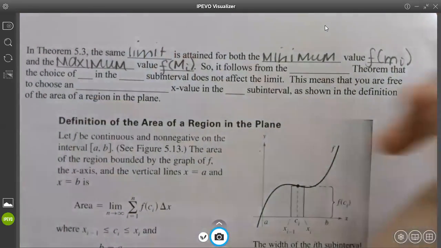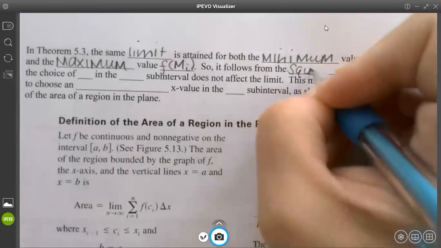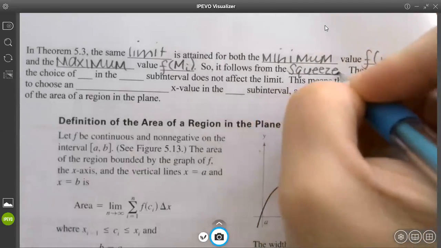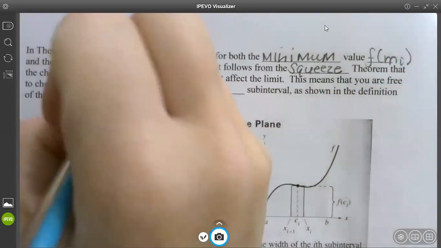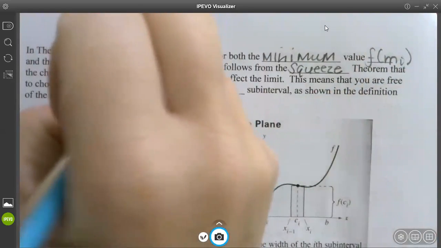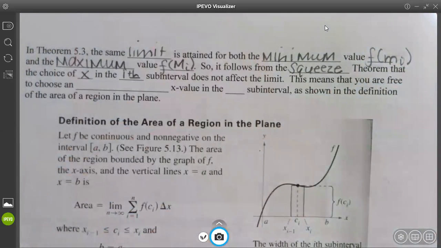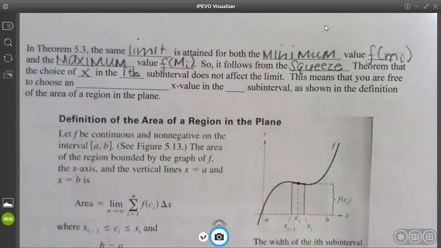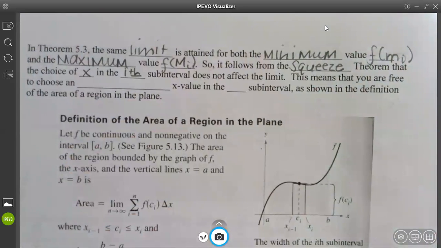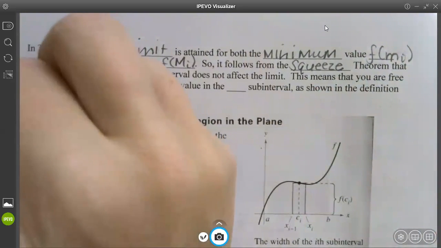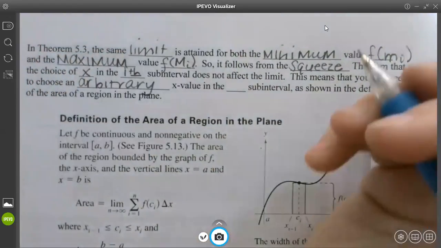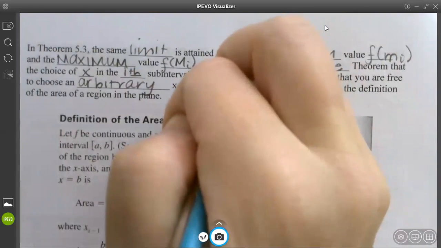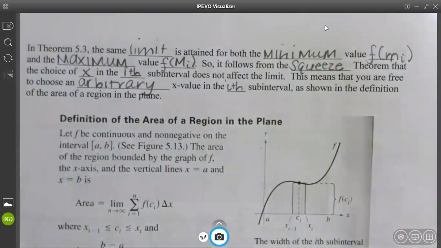So it follows from the squeeze theorem that the choice of x in the ith subinterval does not affect the limit. This means that you are free to choose an arbitrary x value in the ith subinterval as shown in the definition of the area of a region in a plane.